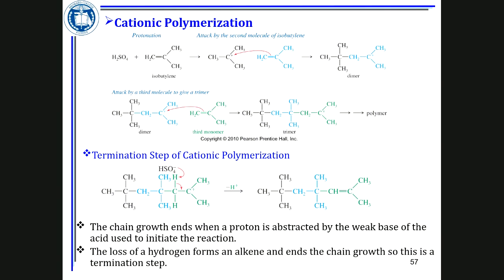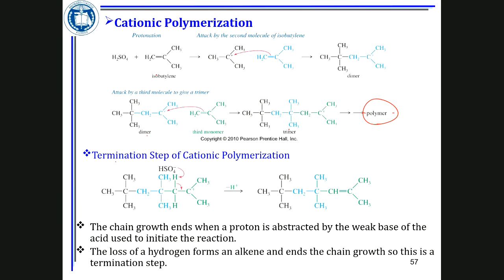So you start with the first alkene, you get your dimer carbocation, your dimer carbocation adds another one, you get a trimer, and if it continues, you will get your polymer. Your termination step is when this reaction is going to stop.